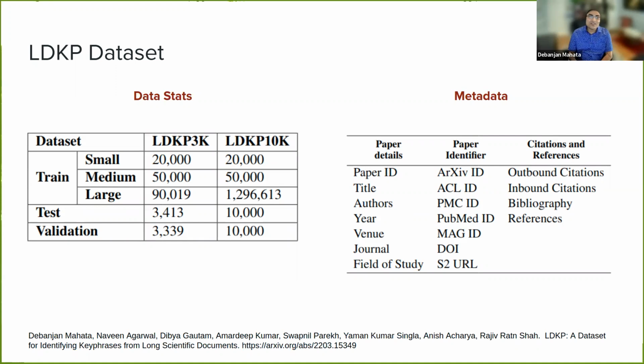We couldn't map all the 20K papers which are available in KP20K, so this is just named based on the number of documents that we have in the test data. That's it.